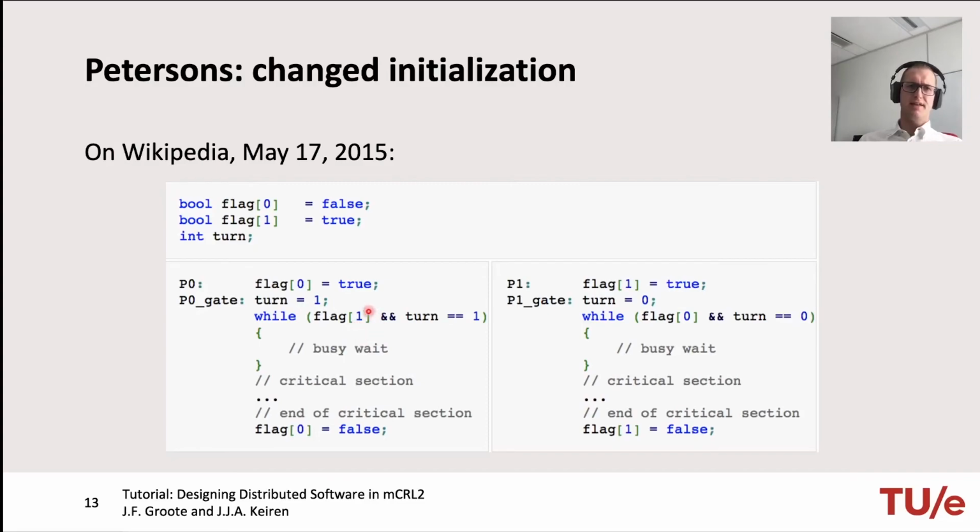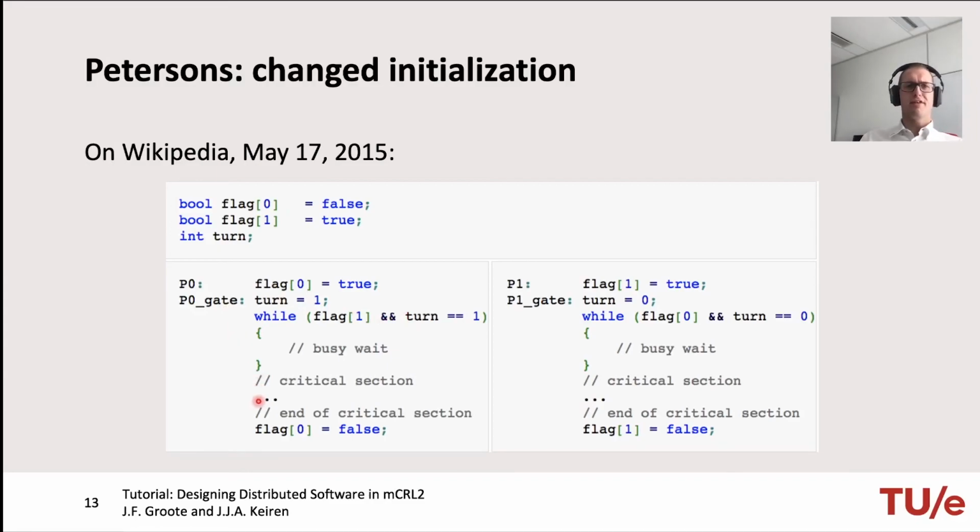So that means that in order to enter its critical section, process 0 needs the cooperation of process 1. Because process 1 needs to set its flag to true, well, that will not change anything, but also it needs to set the turn to 0, and only after process 1 has set the turn to 0, process 0 can enter its critical section.